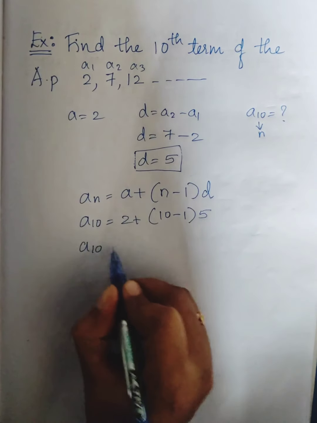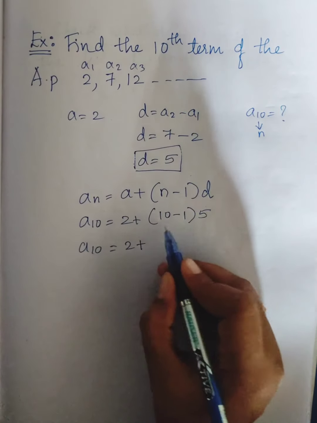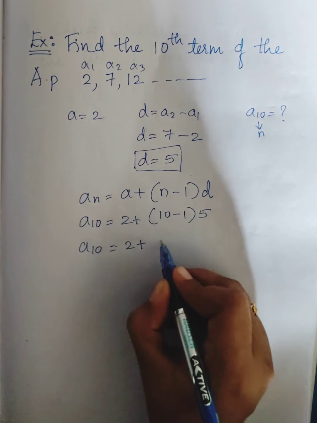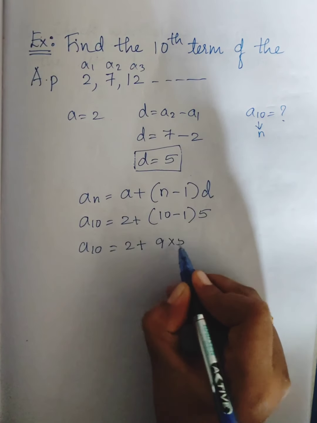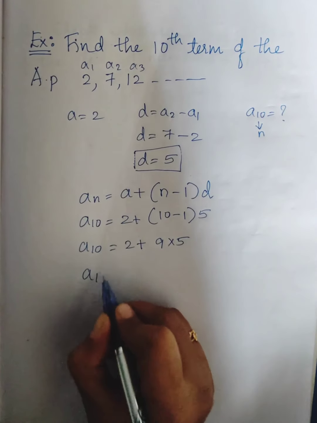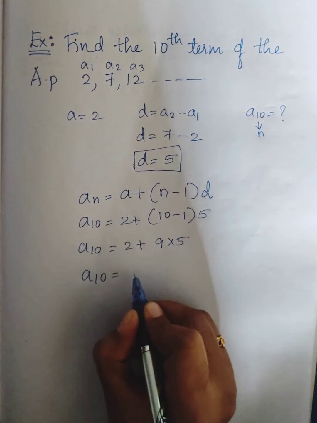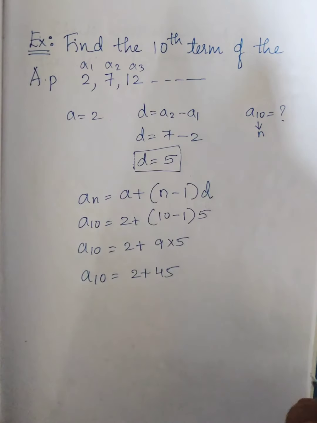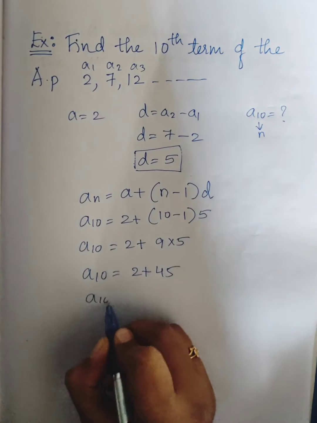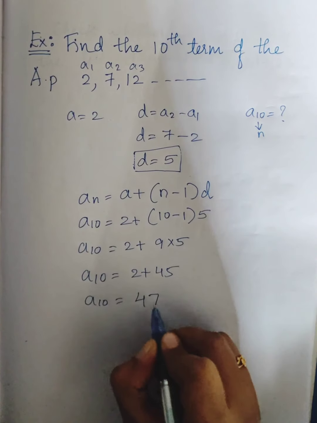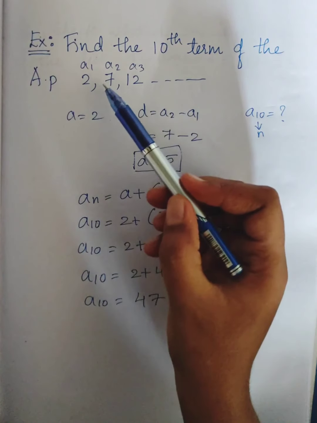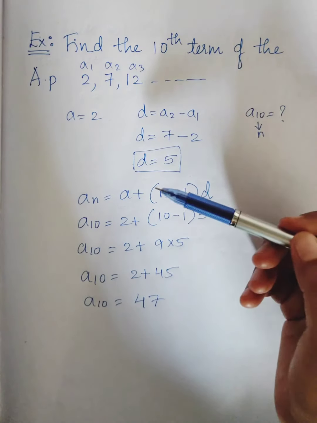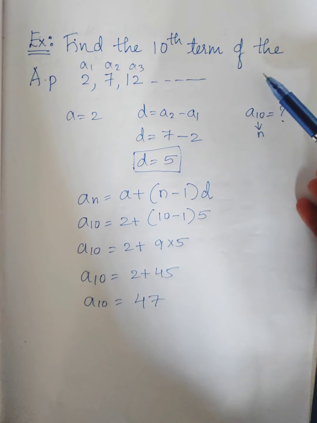So a10 is equal to 2 plus 10 minus 1, which is 9, so 9 into 5. a10 is equal to 2 plus 9 times 5, which is 45. So the a10 value is 47. See, this method is very easy to find the next terms.